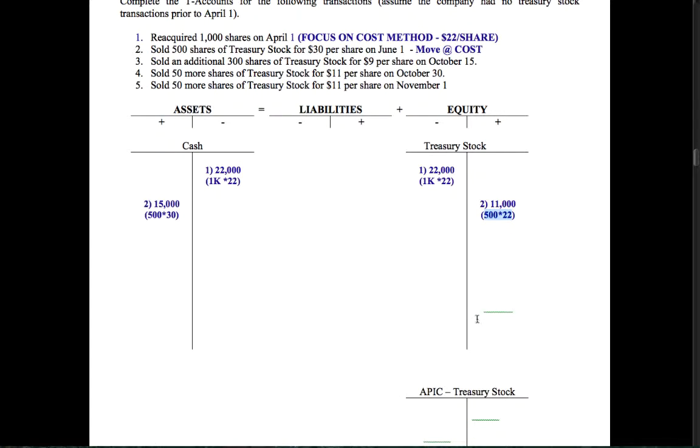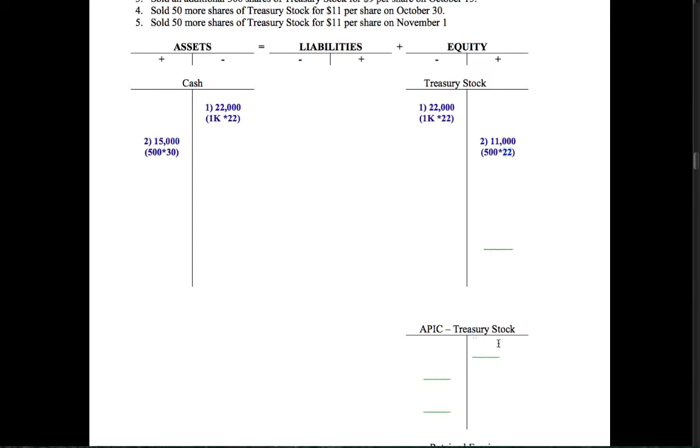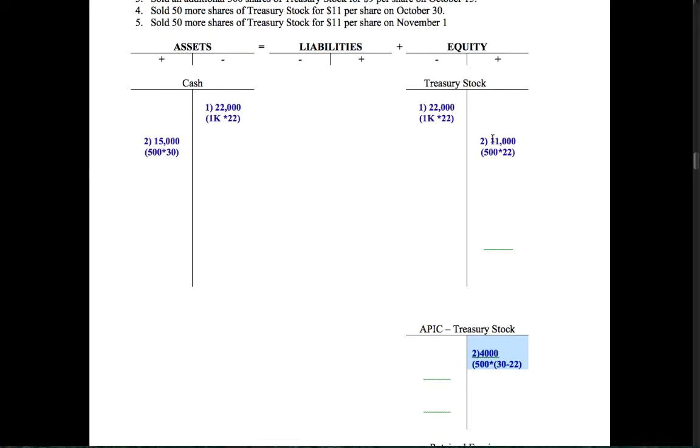Due to the fact that there is a difference between the price we received and the price at which we are moving the treasury stock, aka the price that it cost for us to acquire, we need to reflect a balance in additional paid in capital. Therefore, we have $4,000 to additional paid in capital for treasury stock.